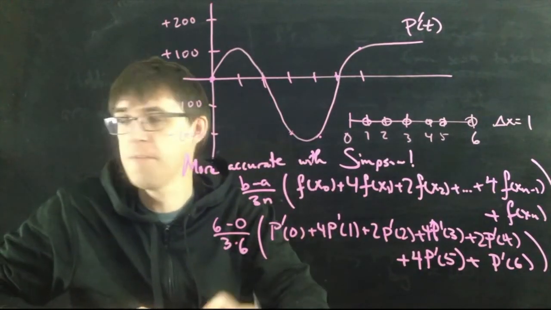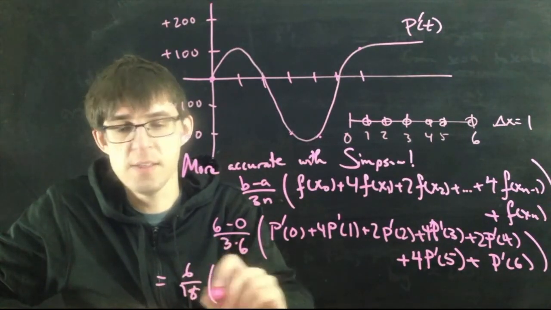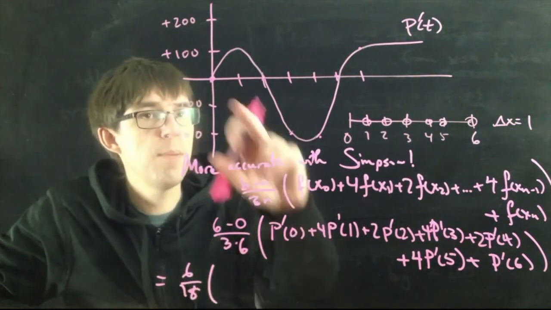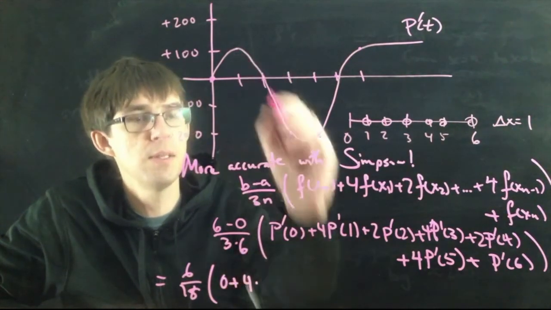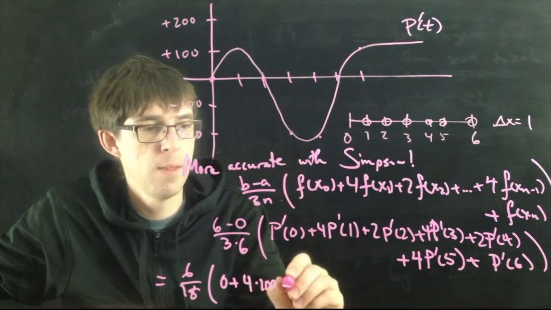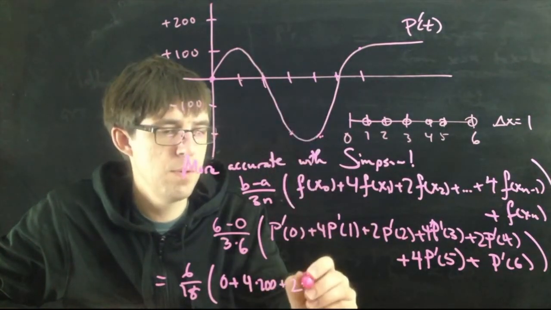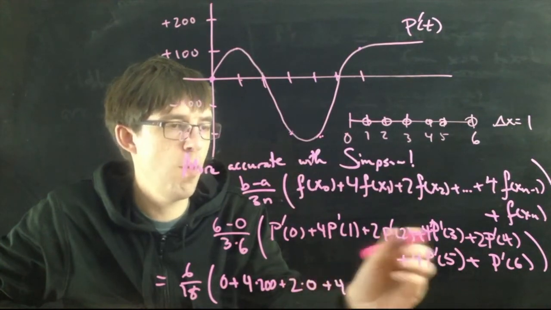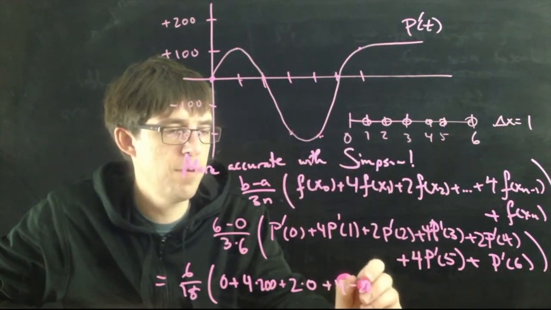What do we get? Can I fit it in down here? I'm going to try. 6 over 18, I guess. And then p prime of 0 is 0, plus 4 times p prime of 1, which is 100, plus 2 p prime of 2, which is here, 0. Plus 4 p prime of 3, which is down here, negative 200.